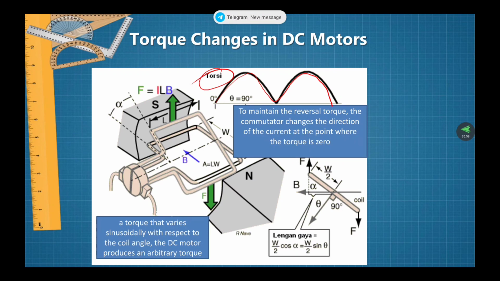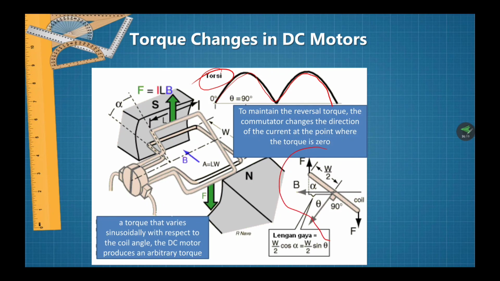The DC motor produces an arbitrary torque, and we can get the force as W per 2 cos theta equals W per 2 sin theta.